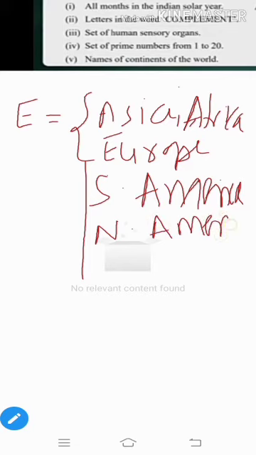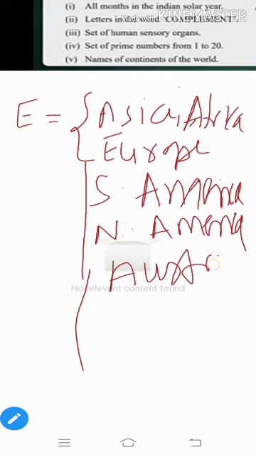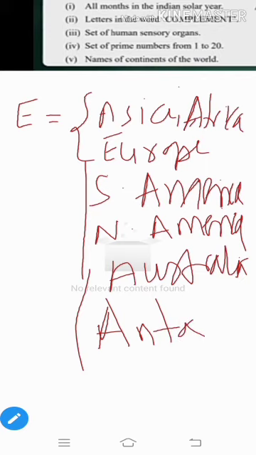North America, Australia, 1, 2, 3, 4, 5. 1, 2, 3, 4, 5, 6. Not Africa, Africa has already come. Last one is Antarctica. There are 7 continents in the world.